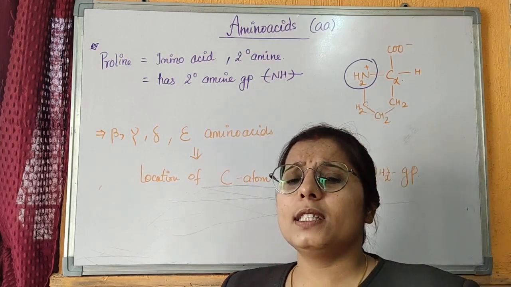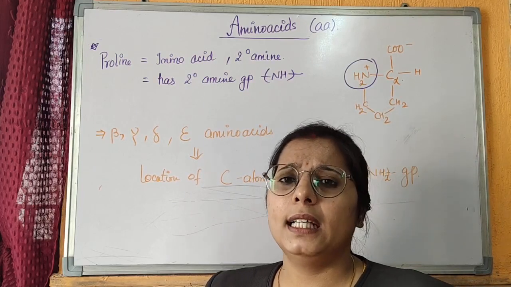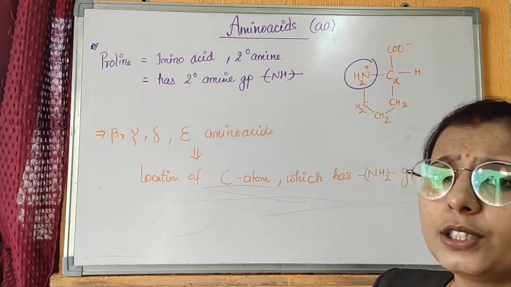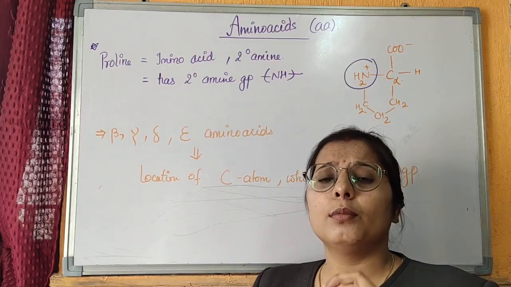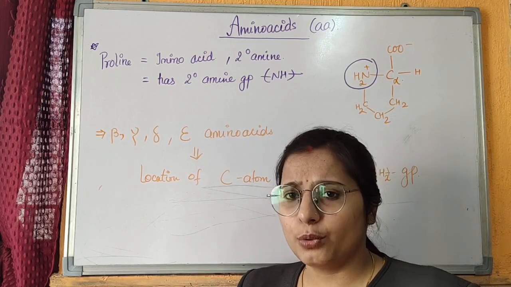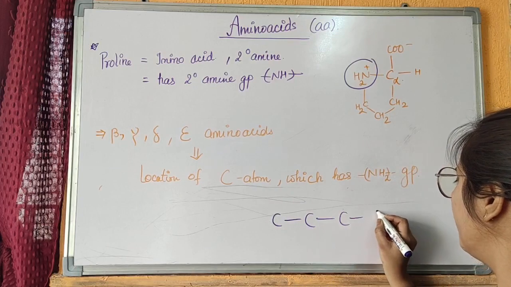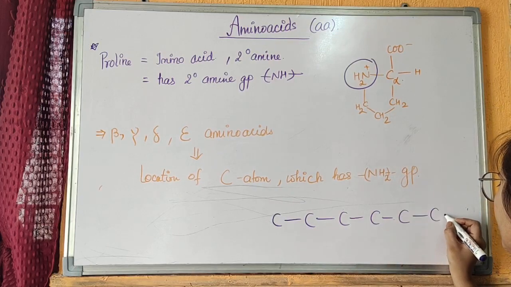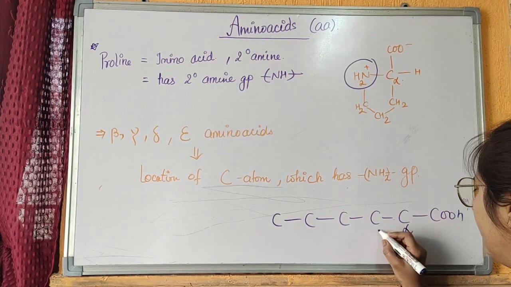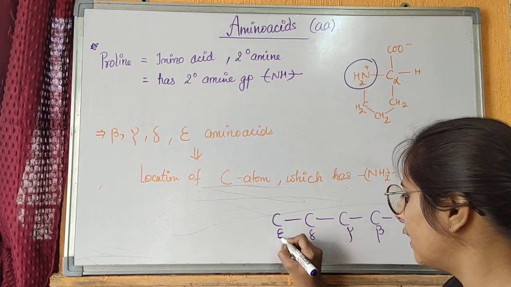Further, the amino acids are divided into different types: alpha, beta, gamma, delta and epsilon. That depends on the carbon atom having the NH2 group. If we have a stretch of amino acid, this is the alpha carbon, this is the beta, this is the gamma, this is the delta and epsilon.